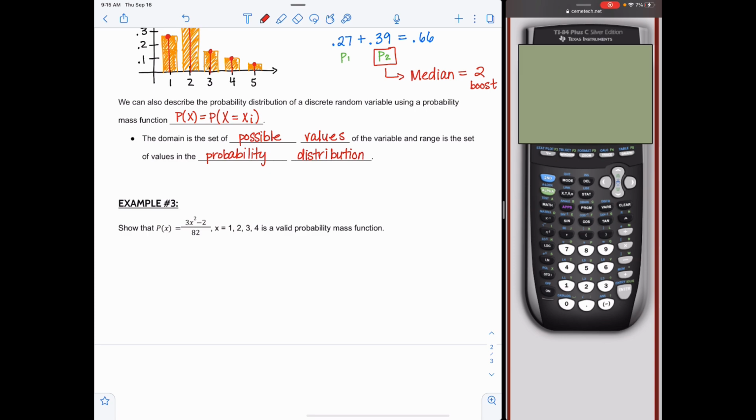In other words, the domain is the set of possible values that the variable can take on, and the range is the probability of each value happening. Okay, so let's look at Example 3. It says we need to show that P of X, which is equal to 3x squared minus 2 divided by 82, when X is 1, 2, 3, or 4, is a valid probability mass function.